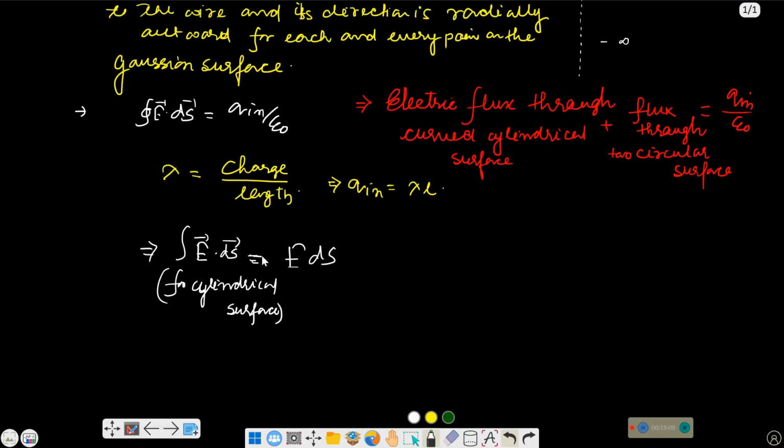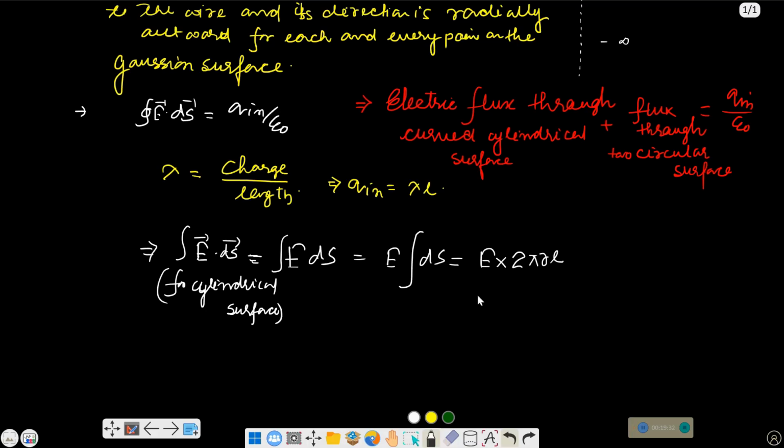If we integrate this, the electric field has the same magnitude over the whole cylindrical surface, so E into integral of ds. What is ds for the cylindrical surface? It is 2 pi r L, integrating over all the surface, since the radius is r and L is the length of the cylinder.